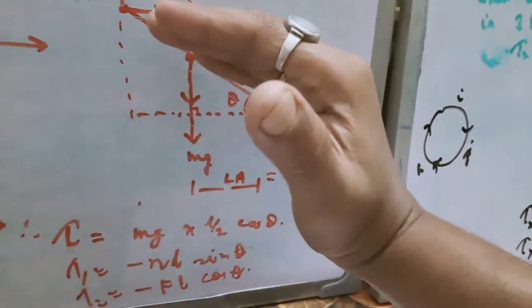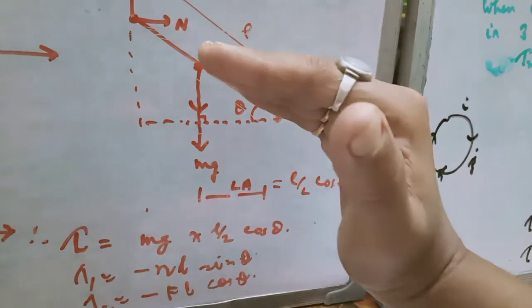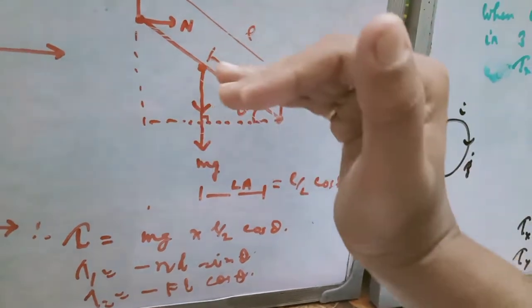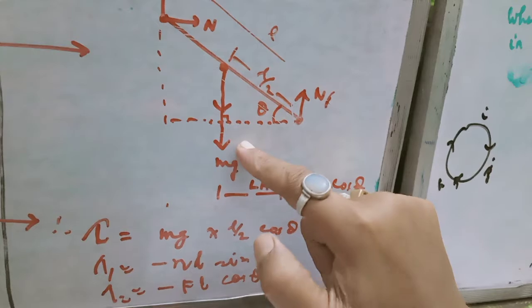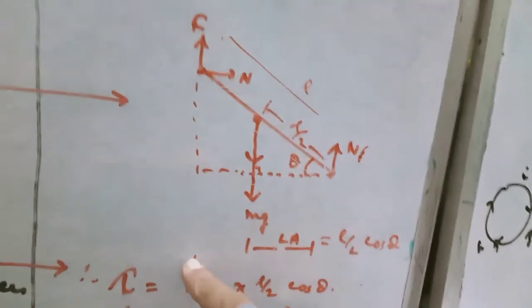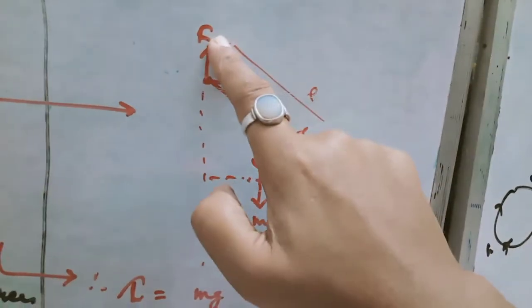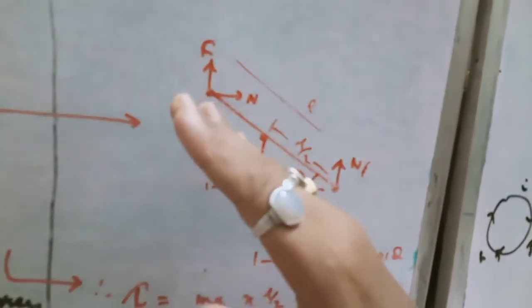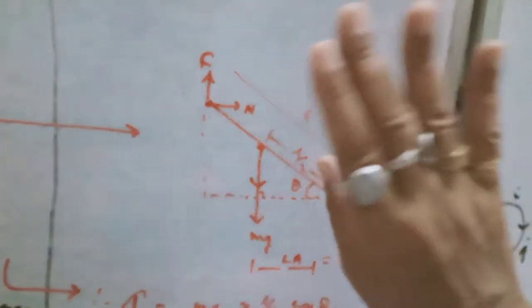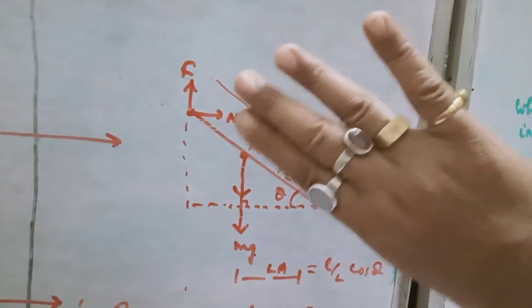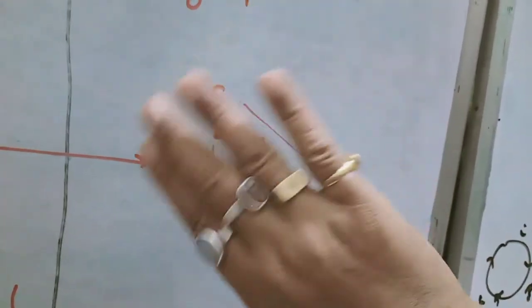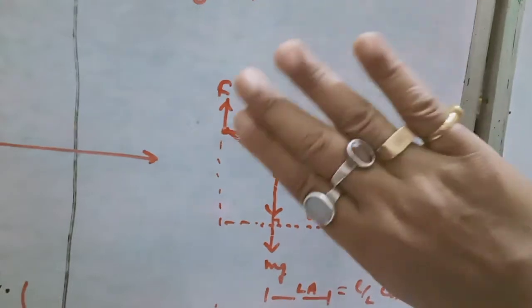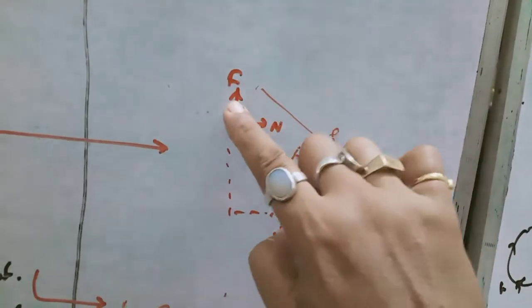It is acting in the anti-clockwise direction, so it brings about an anti-clockwise moment, which is positive. Now consider this F. Align this finger in this manner. This force is rotating the body in the clockwise direction, so this force will be negative.